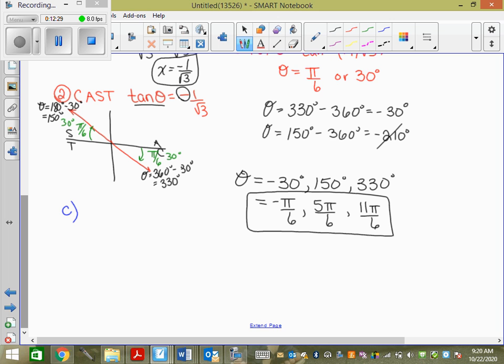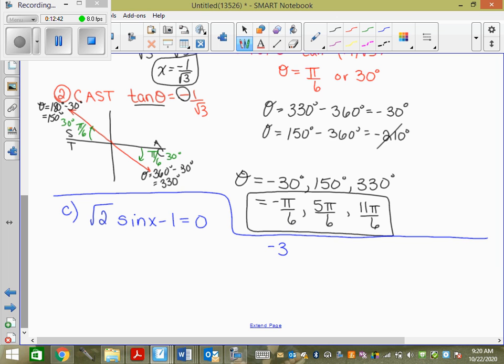Root 2 sine x minus 1 equals 0, and my restricted domain is between negative 360 and 360.